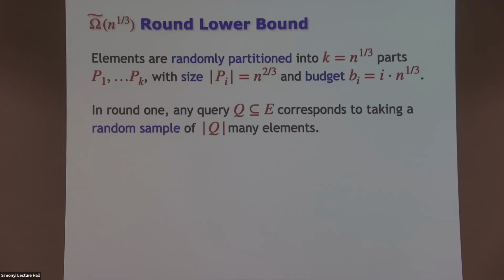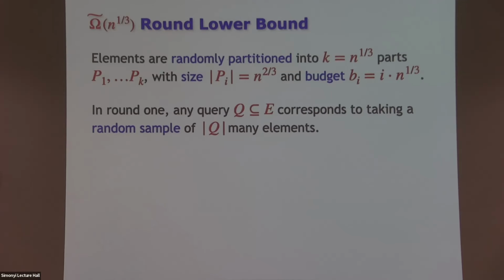Let's see why this is the case. In round one, let's take some query Q, a subset of the elements E, and you're checking whether this is an independent set or not. The first claim is that any query Q essentially corresponds to taking a random sample of q many elements. This is because we randomized the labels at the beginning by randomly partitioning elements into their buckets.